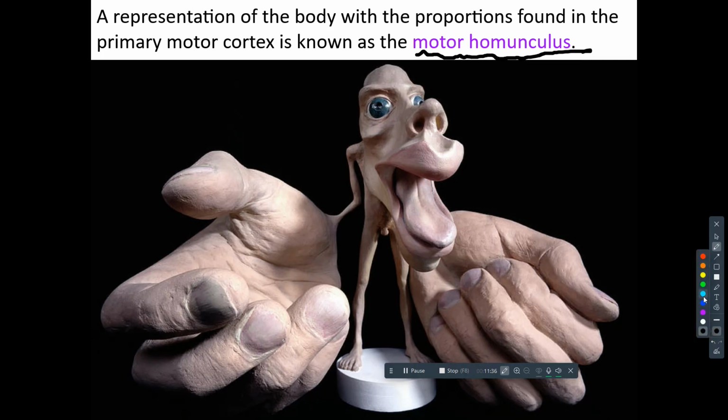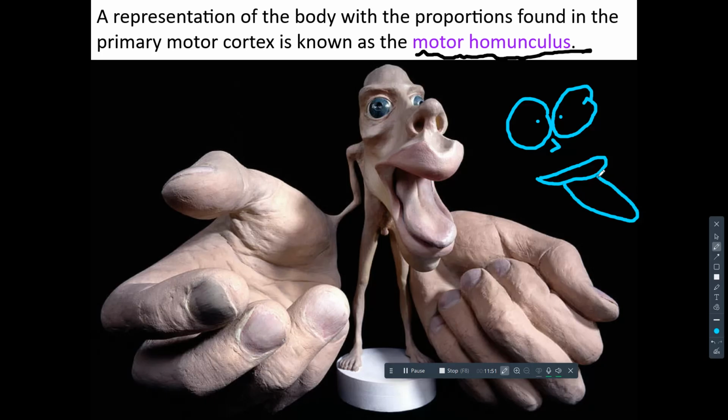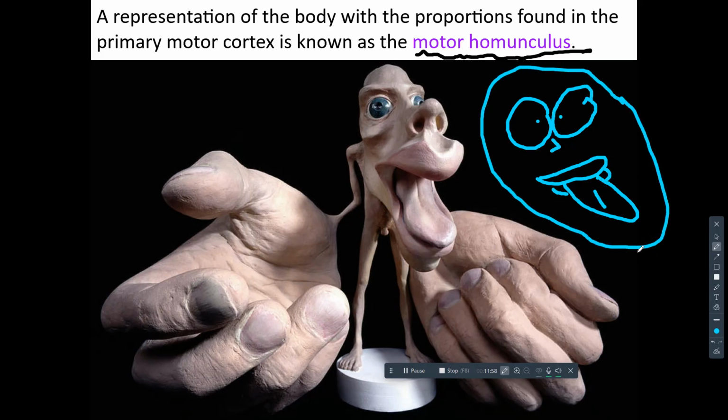Of course, I'm going to make you draw him on the exam. So make sure when you draw him, you give him big eyes, you give him big lips, a big tongue, and then give him a head, give him a body with some legs, feet are decently sized, give him some arms, and then give him some huge hands.